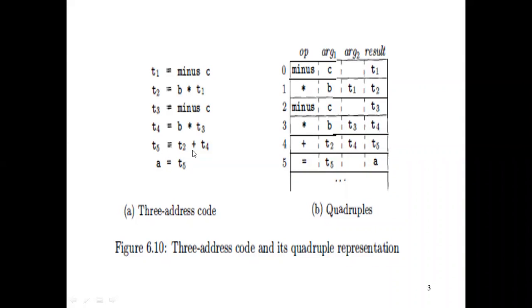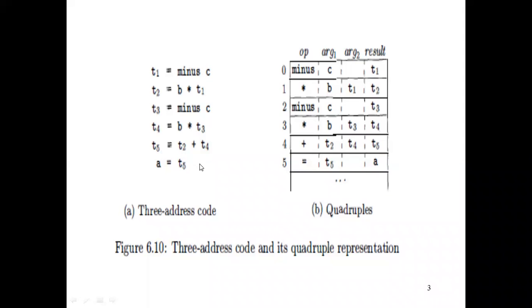So T5 is equal to T2 plus T4, that is B star minus C plus B star minus C. Because our expression is A is equal to B star minus C plus again B star minus C, at the end we get A is equal to T5.